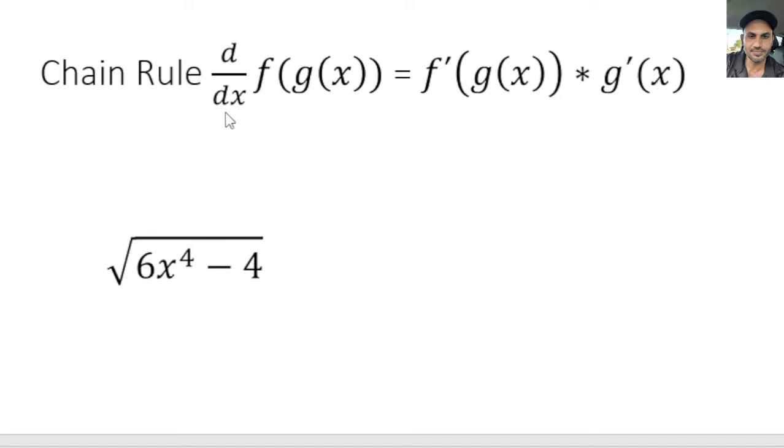So when we take the derivative in this expression, we take the derivative of the main function, which is f prime of g of x, because g of x is the input of the main function, times the derivative of the input function.